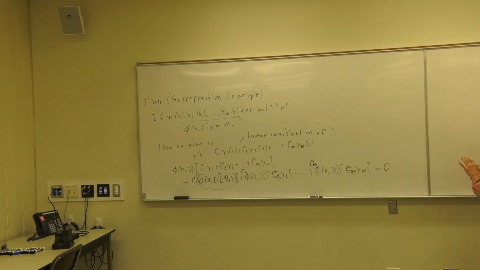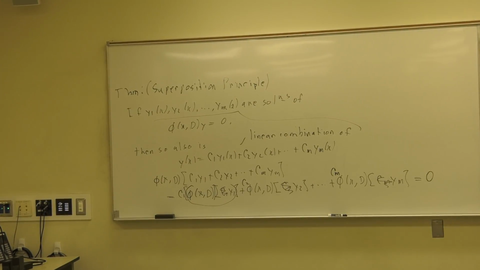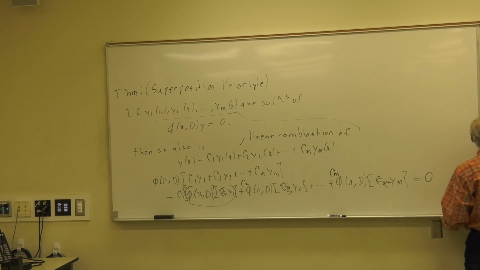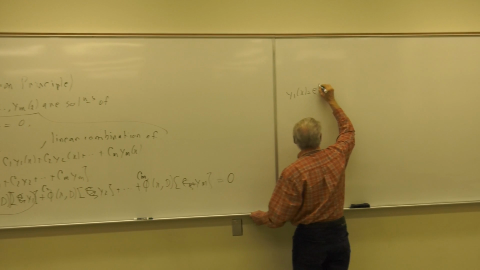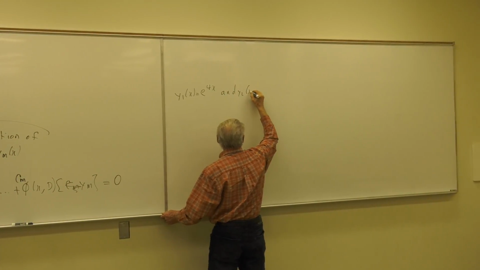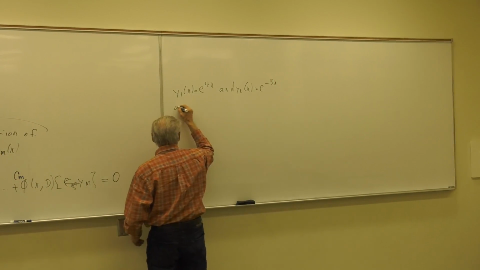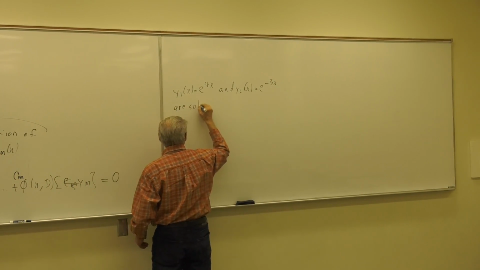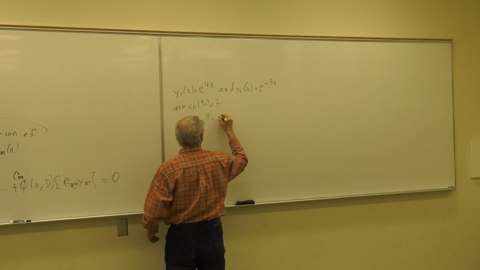So here's why I feel this is so important. A couple of examples to illustrate. I claim that y1 of x equal to e to the 4x and y2 of x equal to e to the minus 3x are solutions of the following differential equation.